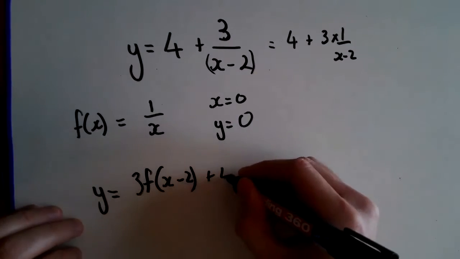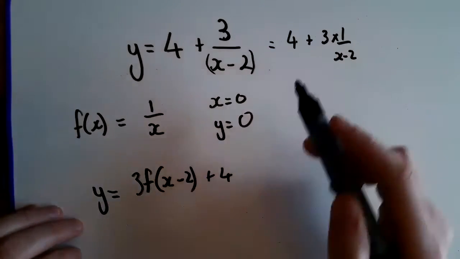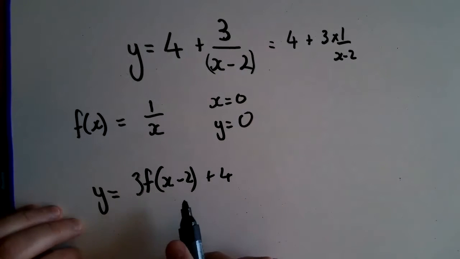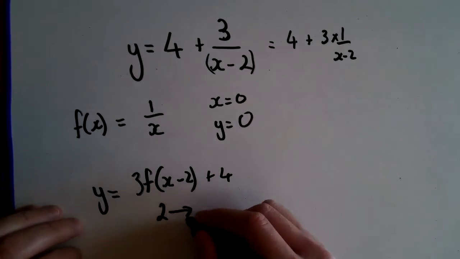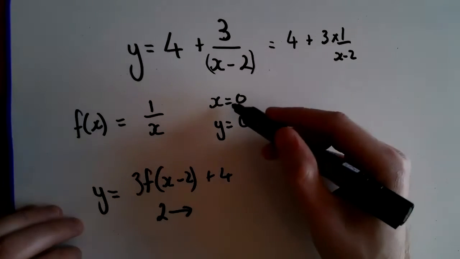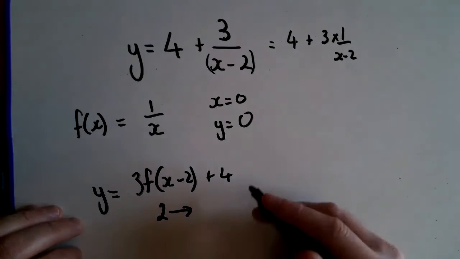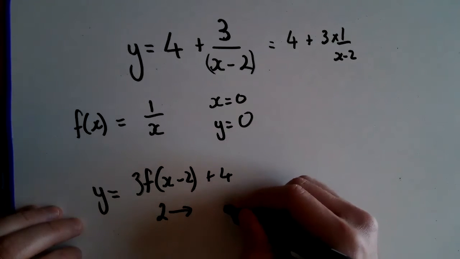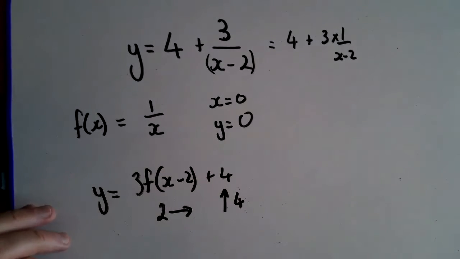And then I'm adding 4, because that plus 4 I can just put at the end. So that's a translate 2 to the right, stretch by 3, which won't affect my asymptotes. And then this means go up by 4.